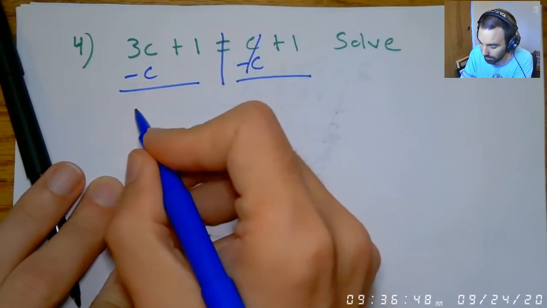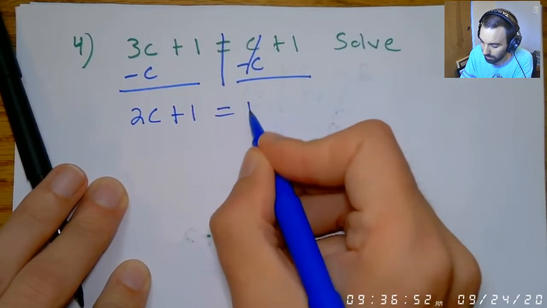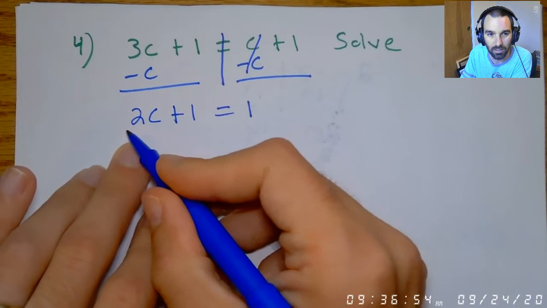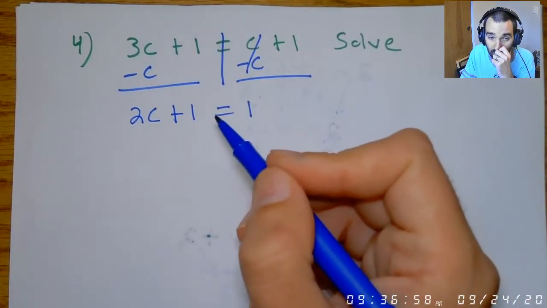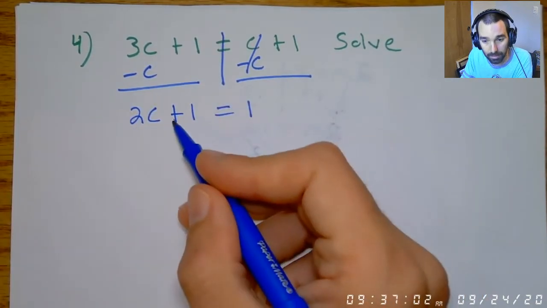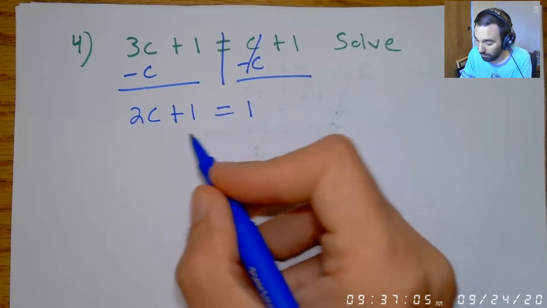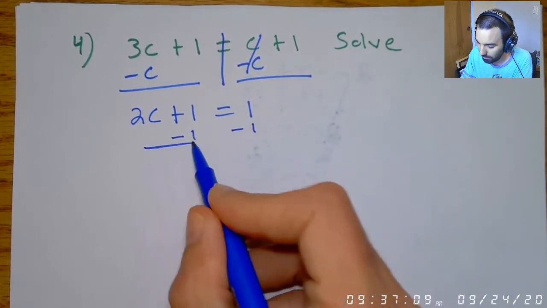3c minus 1c, that's 2c. And then I set it equal to 1. Is my 2 better here? Does that look more like a 2? I don't know. I'll keep adjusting. Okay, so I finally got my 2c over here. Now I want to move this 1, so I'm going to subtract 1 from both sides.